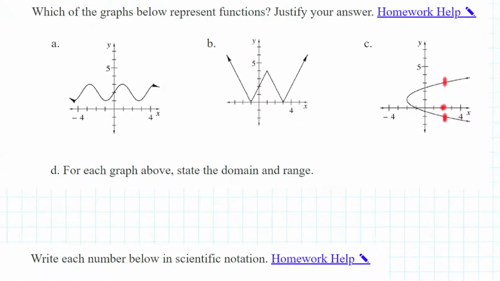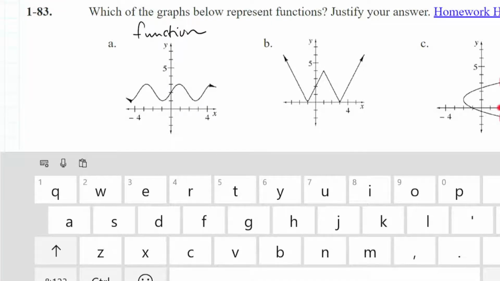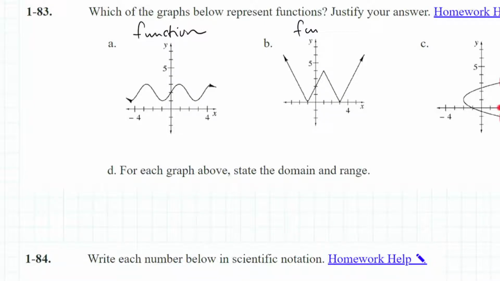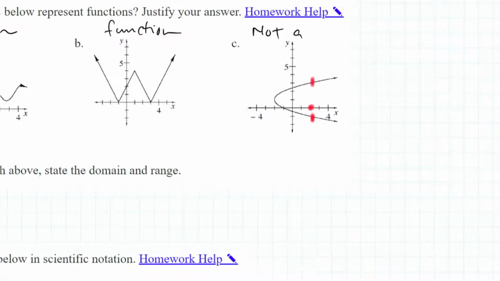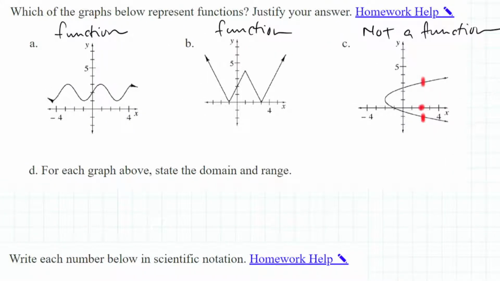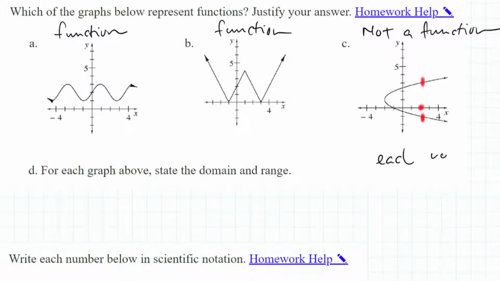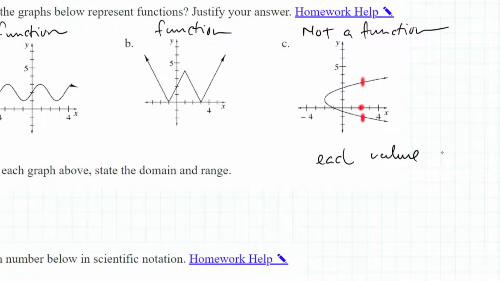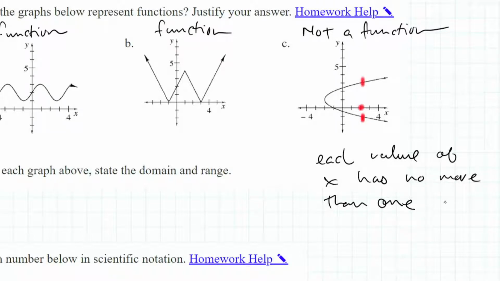So I would say for my answer here, A is a function. B is a function. And C is not a function. And my justification is for the function ones, each value of X has no more than 1 Y value.